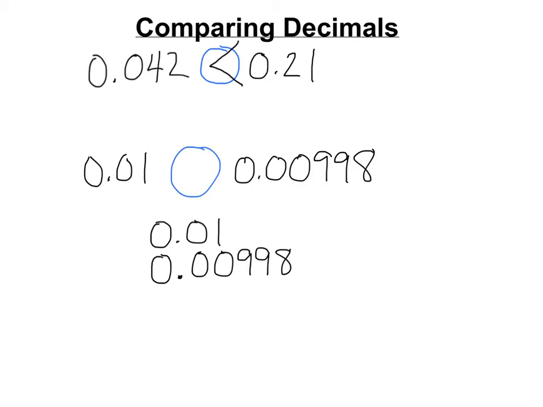So if I write those in, and now we take a look at what these numbers look like. Well, this now no longer looks like 1, it looks like 1,000. And this still looks like 998. Well, obviously, if you compare 1,000 and 998, we know that 1,000 is greater. So 0.01 is greater than 0.000998.